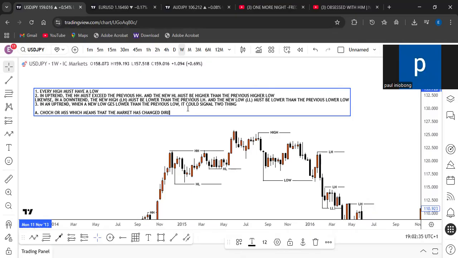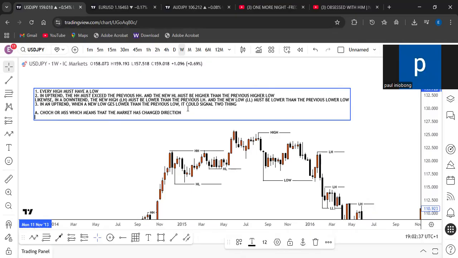Number 2, it could be as a result of a fair value gap. And when this happens, if you're looking at fair value gap, there's a whole lot of concepts, things like inducement and inducement from our order blocks, et cetera.